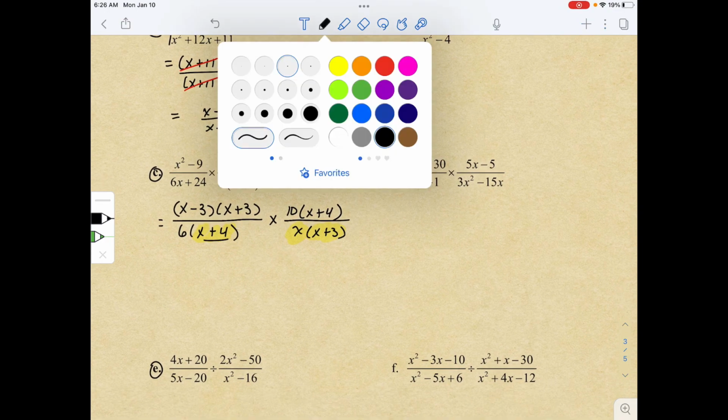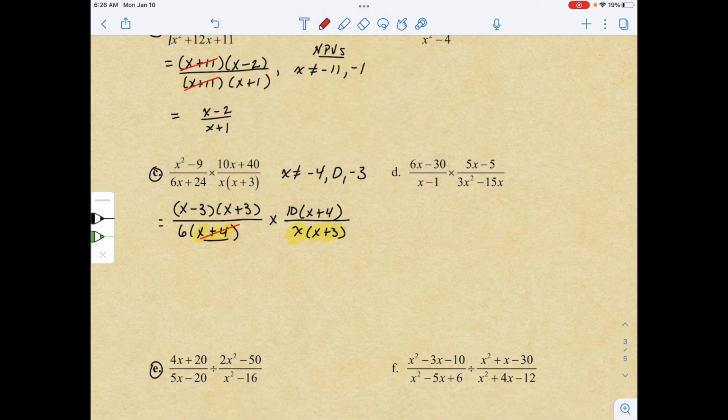And now we're going to get out that red pen and cancel common factors. And of course 10 divided by 6, those are both divisible by 2. And our final answer here would be 5 times x minus 3 all over 3x.